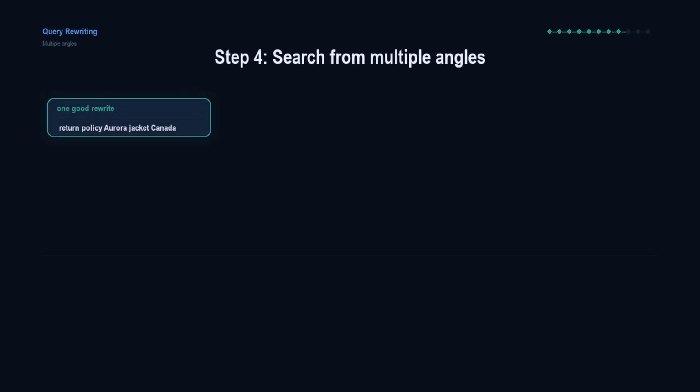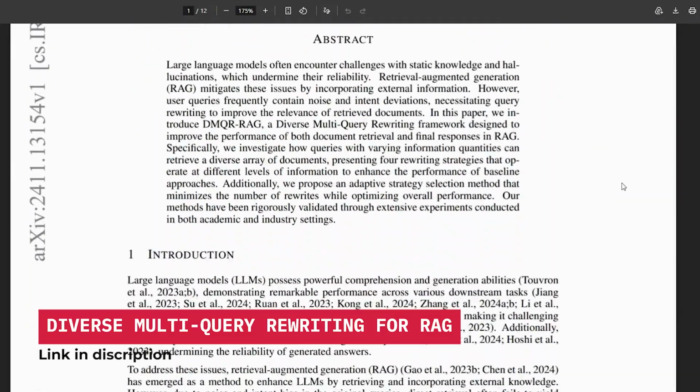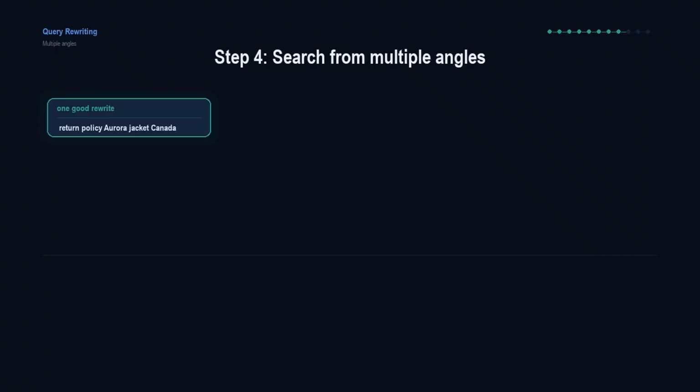Step 4 is to expand into multiple angles. And this solves a different problem entirely. What if a single well formed rewrite still isn't guaranteed to retrieve the right thing? A 2024 research paper on multi query rewriting found that generating just one rewritten query often isn't enough.